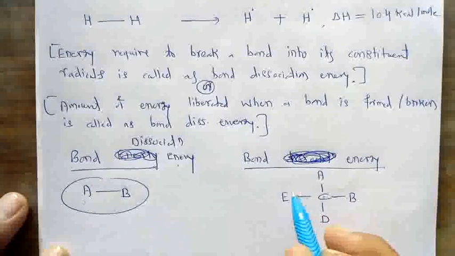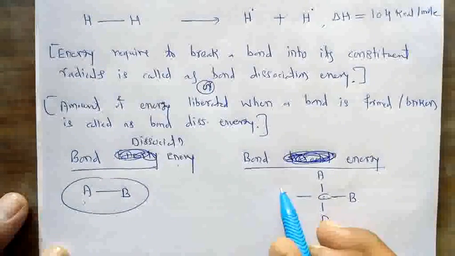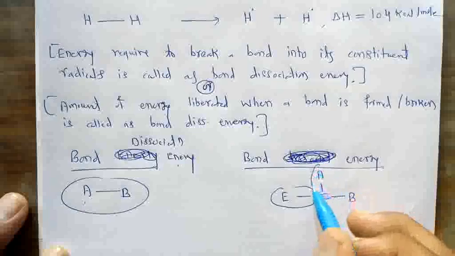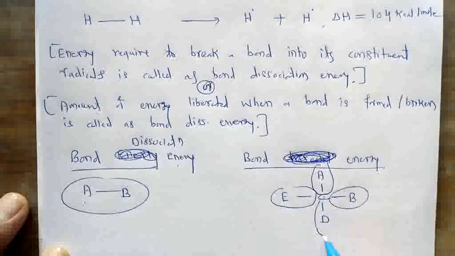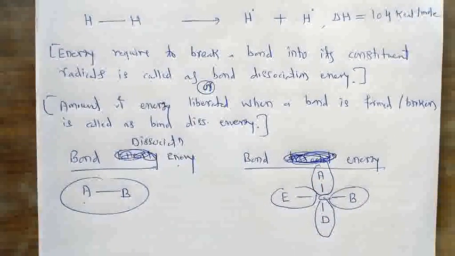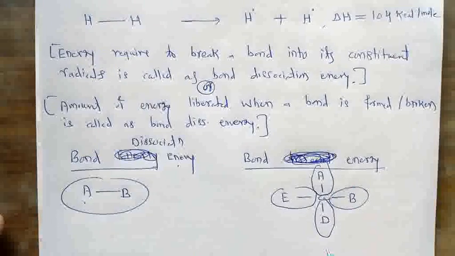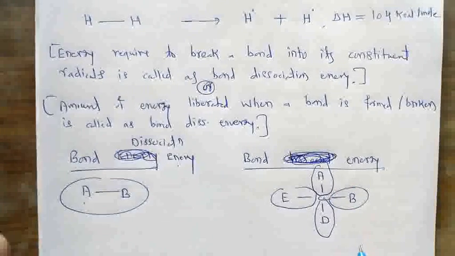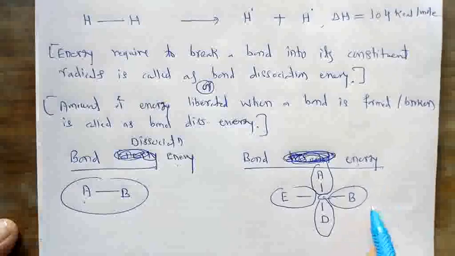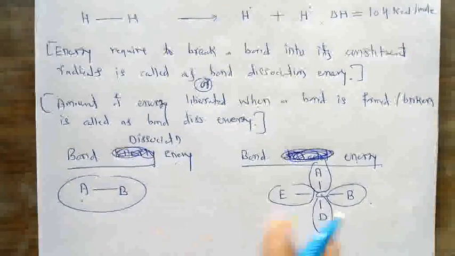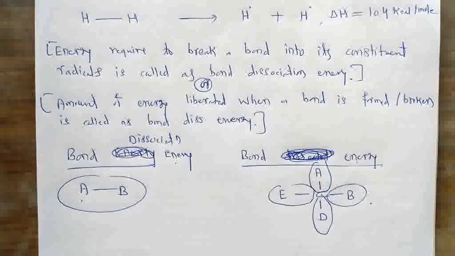But whenever we consider a molecule in which more than one chemical bond is present, at that time, if we take an average of the bond dissociation energies of all the bonds, the first bond, second bond, third bond, and fourth bond, then that energy is called the bond energy of the particular molecule. So these are the two different ways to express energy.